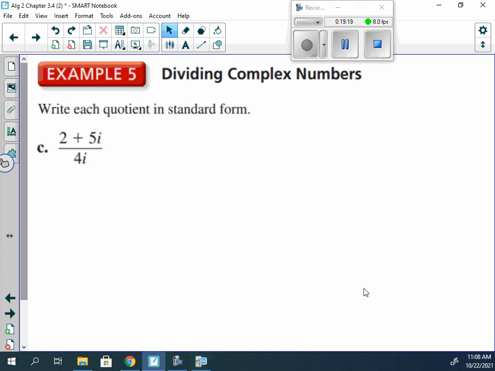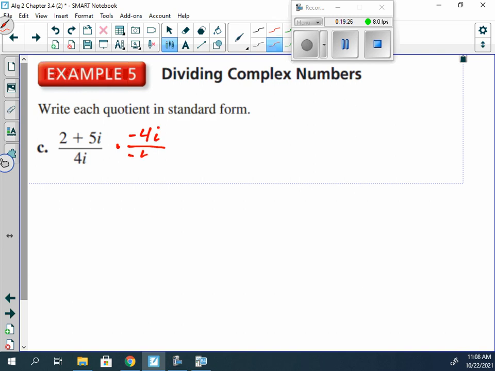Because if we work this out, we would really just be multiplying the top and bottom by negative 4i. Negative 4i times 2 is negative 8i. Negative 4i times 5i is negative 20i squared.